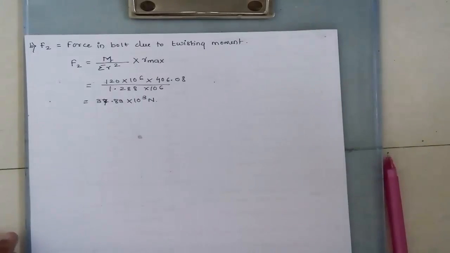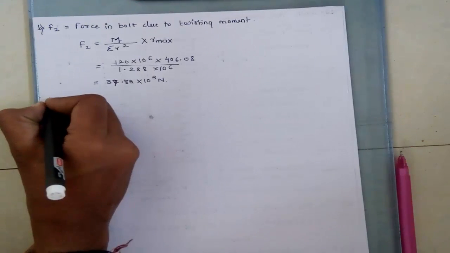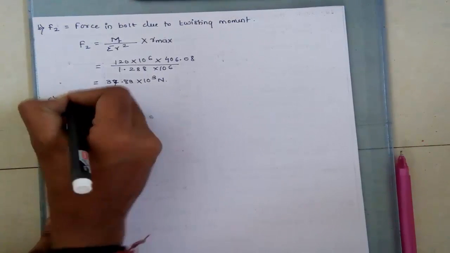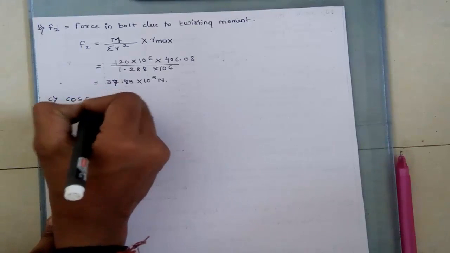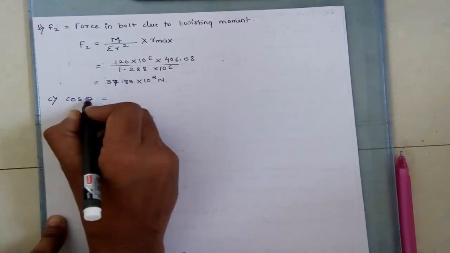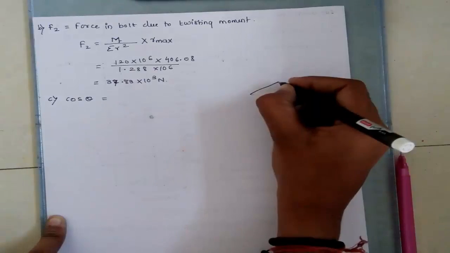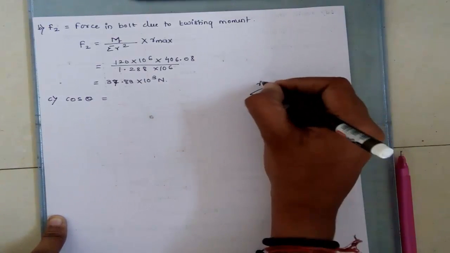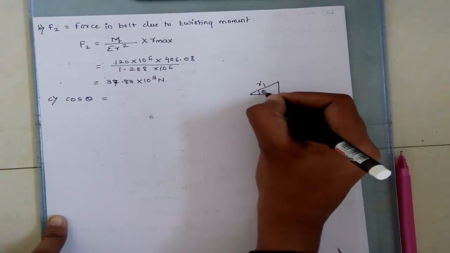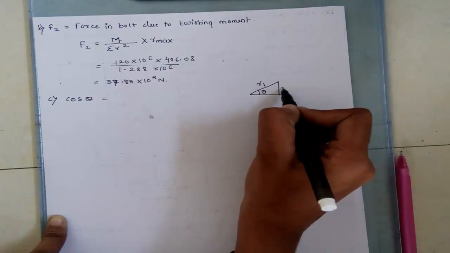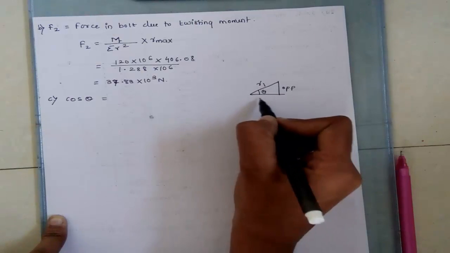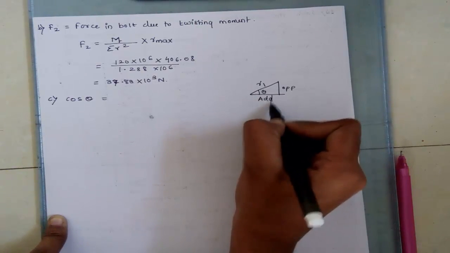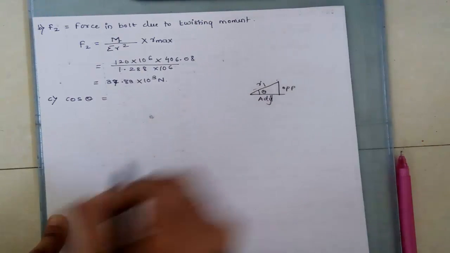Okay. After that, we have to calculate C, that is cos theta. As you can see here in this diagram, the R1, and this is the theta. This side is the opposite side and this side is the adjacent side. This is the hypotenuse.